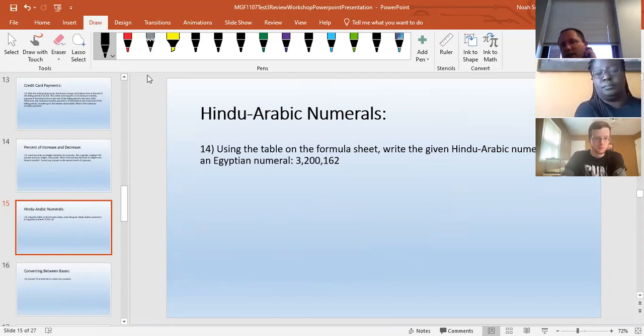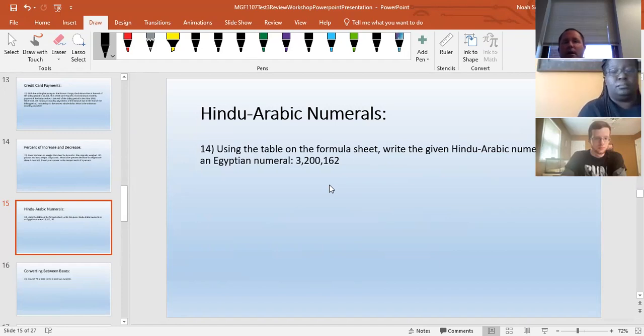All right, so now you're using the table on the formula sheet. We're going to write the given Hindu Arabic numeral as an Egyptian numeral. So this is basically a situation where we've got the Hindu Arabic numeral and we want to write the Egyptian numeral. So we have to do a little bit of drawing here.